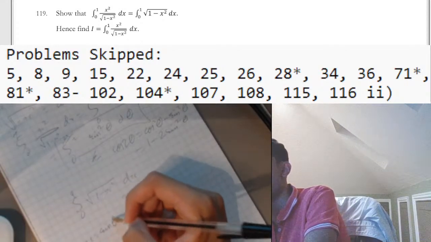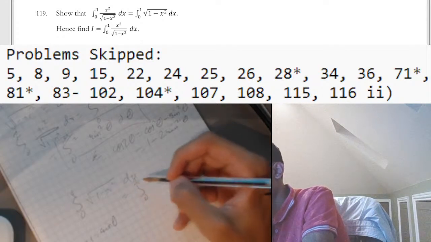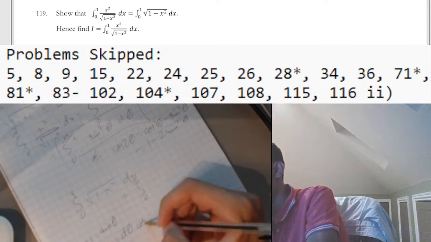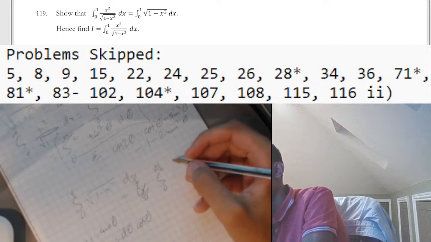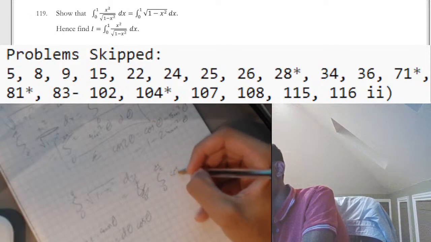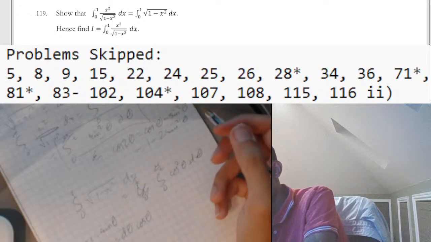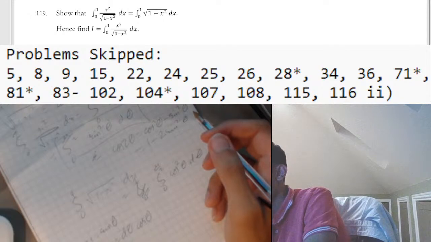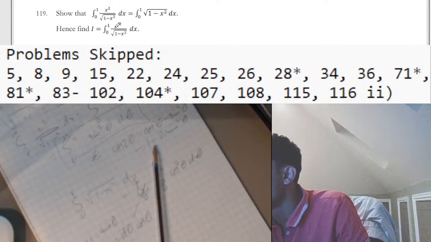So for x is sine theta, then this is cos theta, so dx is cos theta d theta. So you get the integral from 0 to pi over 2 of cos squared theta this time. And these two should be equal. Yeah, I think that's fine. Okay, and hence find this thing.